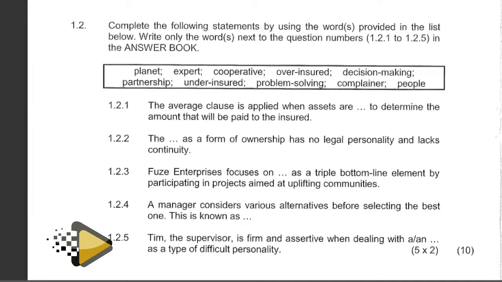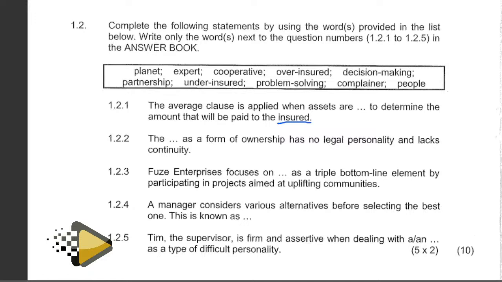So now let's check the first question, which is 1.2.1. It reads as follows. The average clause is applied when assets are dash to determine the amount that will be paid to the insured. If you still remember, the average clause caters for underinsured and overinsured. But the fact that there should be an amount to be paid to the insured means that this particular clause caters for underinsured.